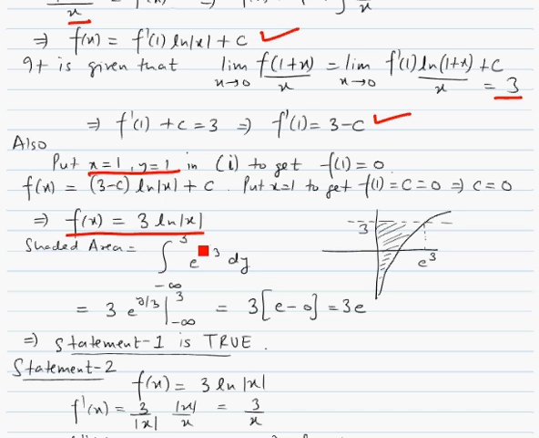So x as a function of y is e to the power y by 3. We integrate this from minus infinity to 3. To find this shaded area, we integrate right minus left, this exponential curve x in terms of y minus 0, from minus infinity to 3, and on integration we get area equal to 3. So this shows that statement 1 is correct.